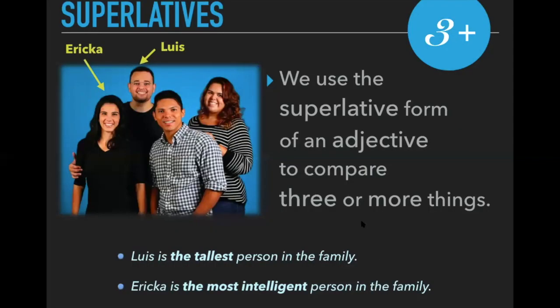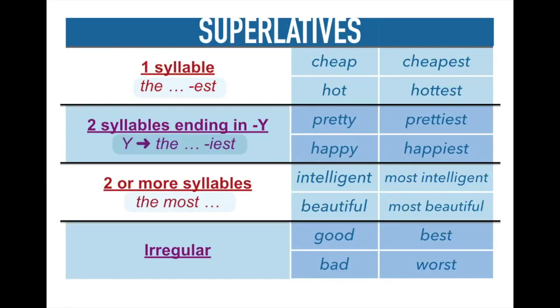When we talk about superlatives, as you can see, we have the, always, and then we have est, sometimes we have most, and it's basically the same rule. So you can see tall is a short adjective, so we add est. Intelligent is a long adjective, so we add most. Okay. So again, one syllable, we add the, est.